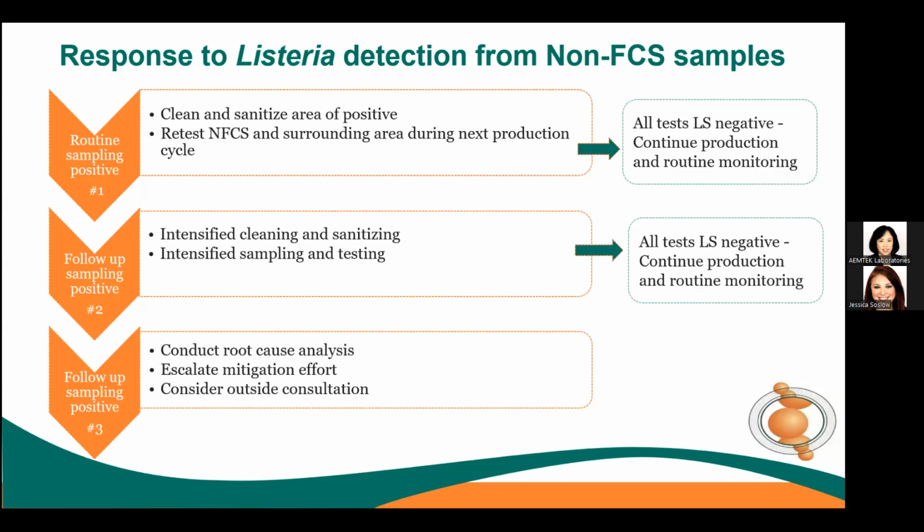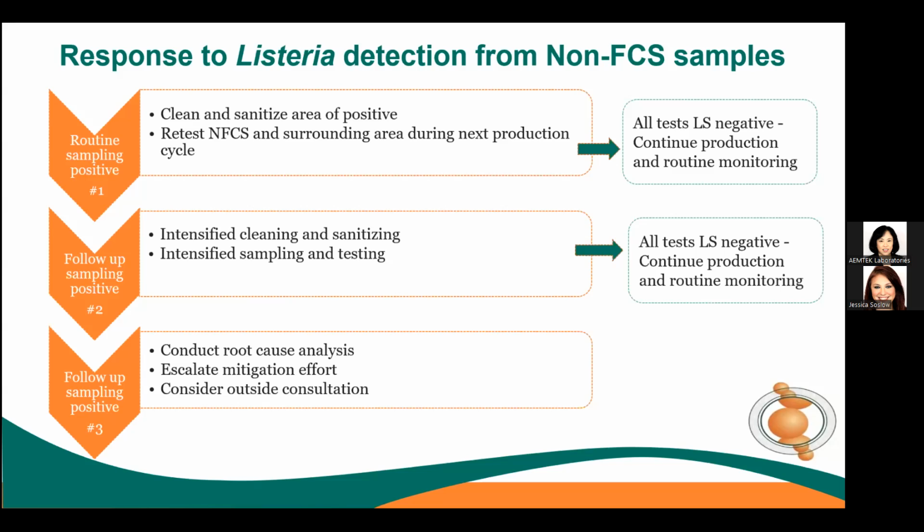And then if the result of this testing is all negative, then you can go back to production and the routine monitoring. If any of the results come back positive, then you should conduct intensified cleaning and sanitizing, follow the same principle, including the vector sampling, and then conduct intensified sampling and testing of the surface.